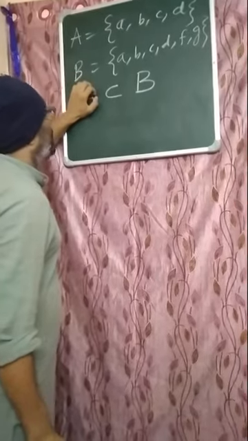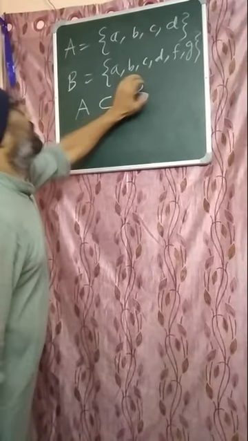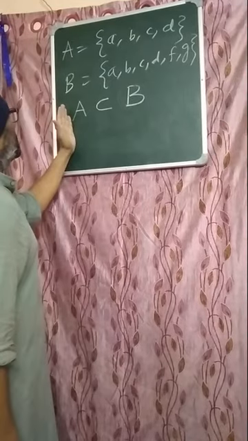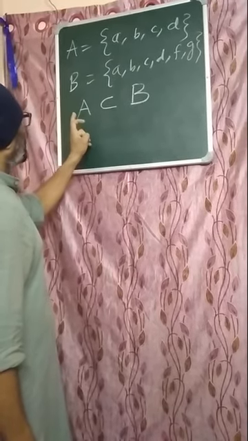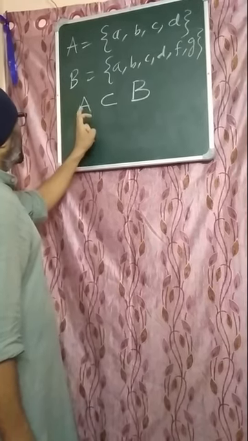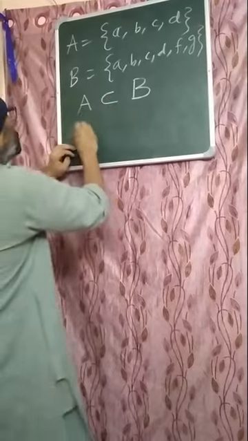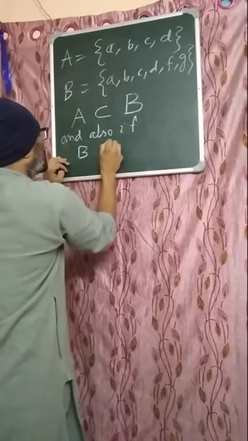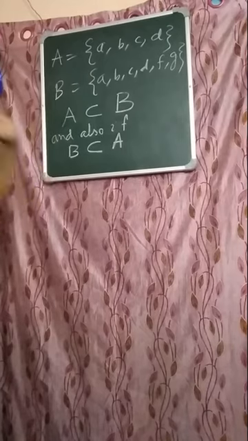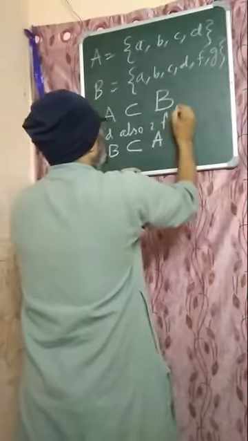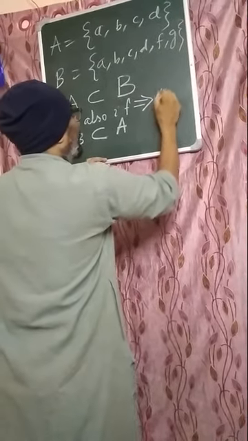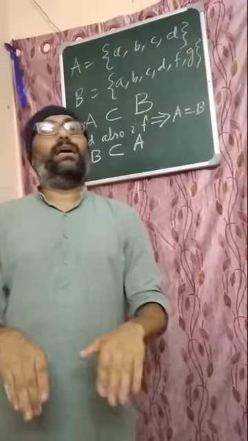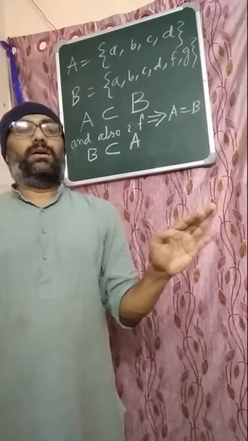When all the elements of set A are contained in the set B. There may be other elements in set B also, more than A. And also, if B is a subset of A, it means that all the elements of B are also contained in set A. It implies that A is equal to B. In this case, if A is a subset of B and B is a subset of A, then A and B are equal sets. Both are the same.